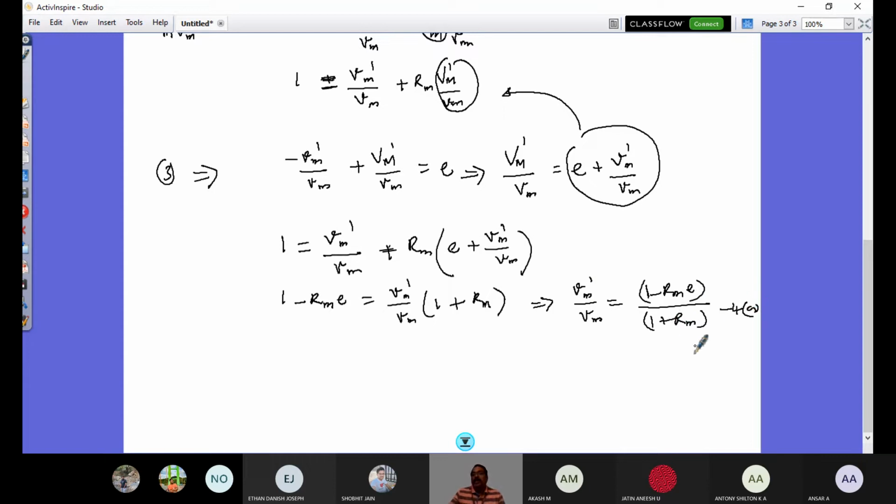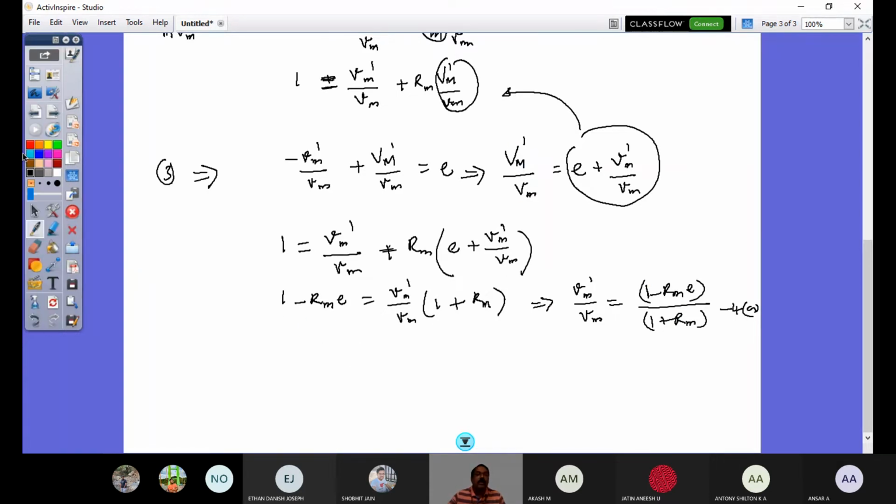We can also express similarly capital Vm dash by small vm, by substituting this into this, in terms of Rm and E. So I'm going to do this now for this term as well. What is this term?